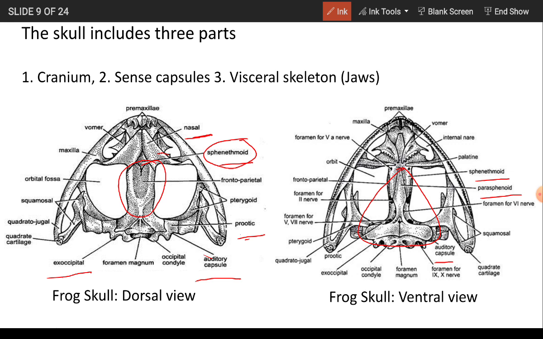These nasal bones form the roof of the olfactory capsules, and they are joined at the mid-dorsal line.